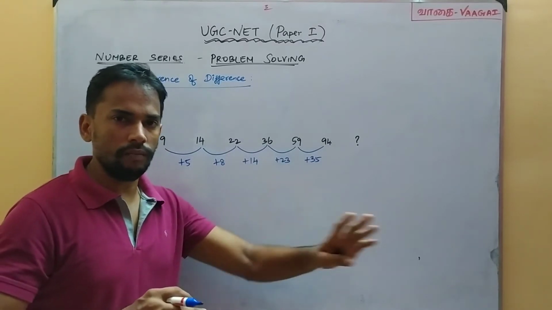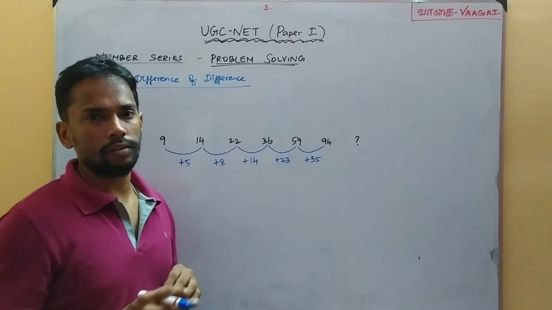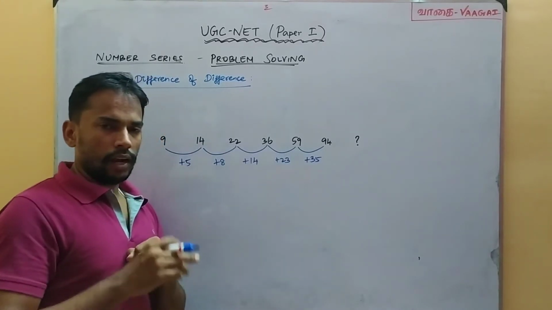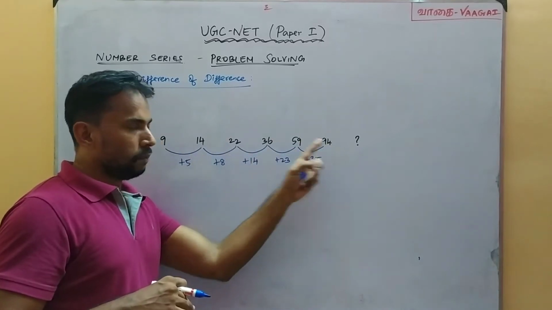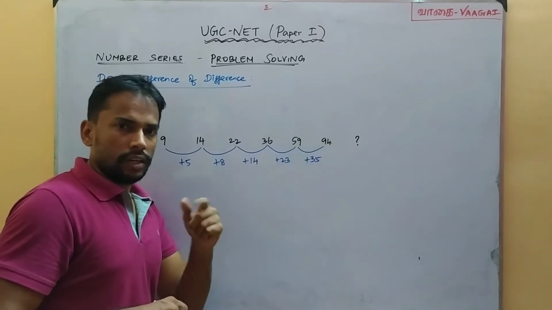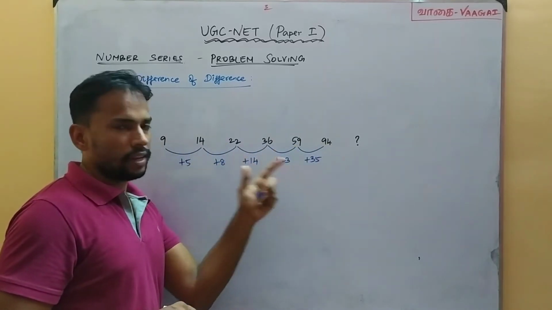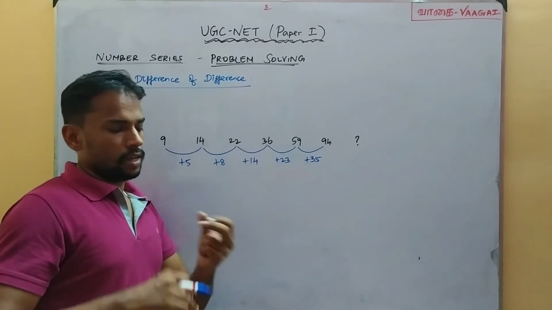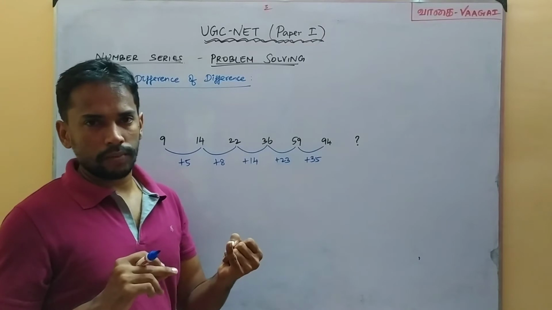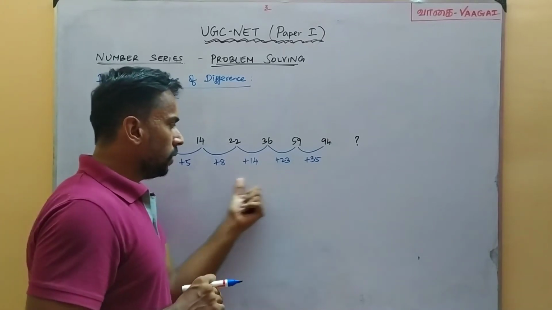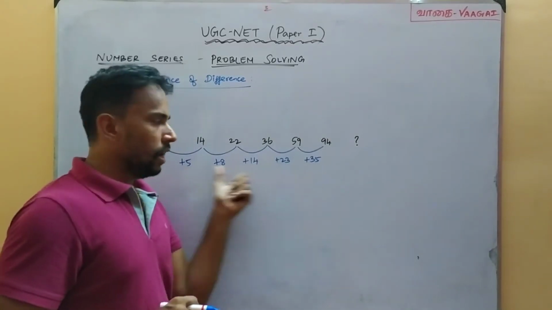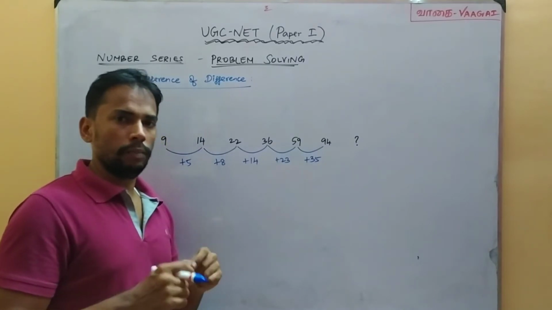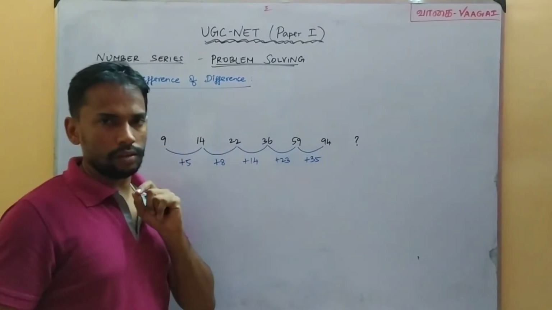That is how we usually did our problems so far. But here our addition is not working, and at the same time the size of the numbers is not much drastic. They are not increasing in a very high, drastic way. So we have got two problems here: we don't have a drastic change, and we are not able to get a pattern with our addition. So this is the situation for us to remember this DOD.